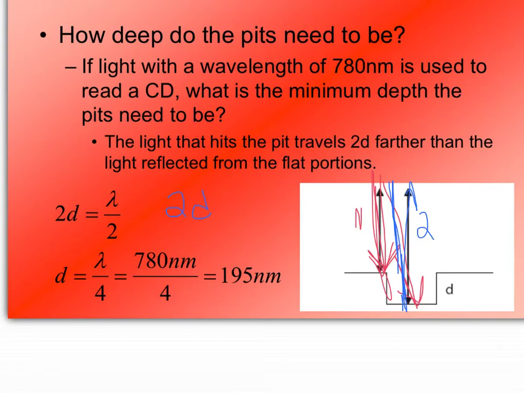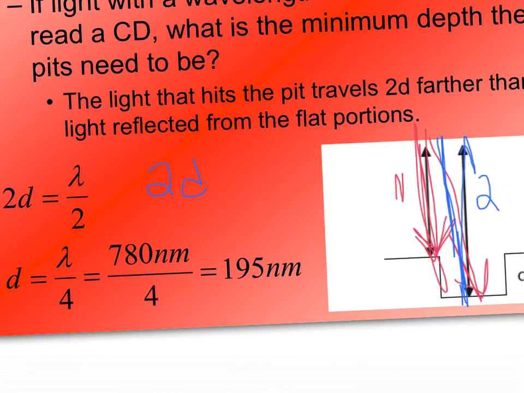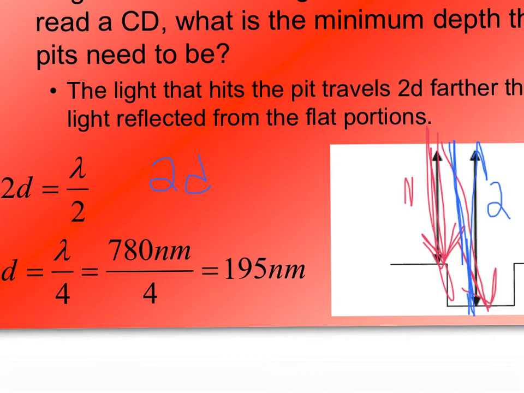Or, look at it another way, the depth of the pit has to be 1/4 the wavelength of the wave being used. And so if our wavelength is 780 nanometers, 1/4 of that is 195 nanometers. So the rough pit depth on a CD is about 195 nanometers deep.